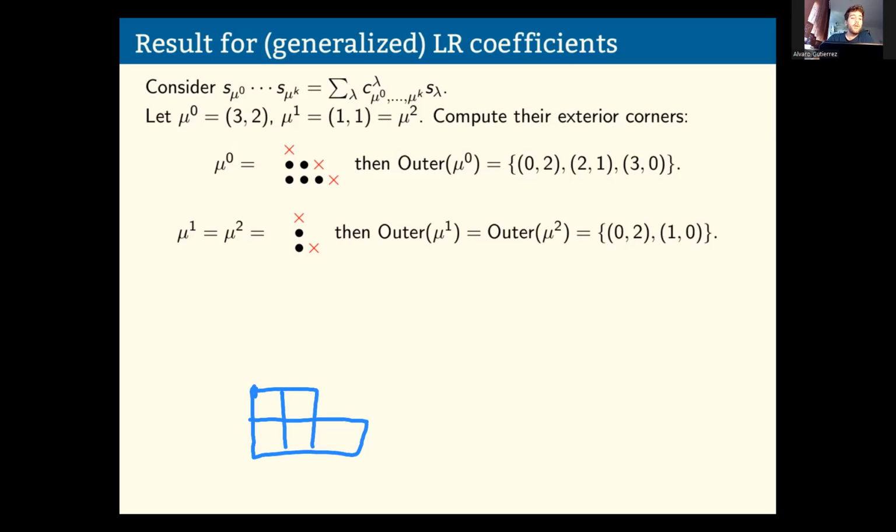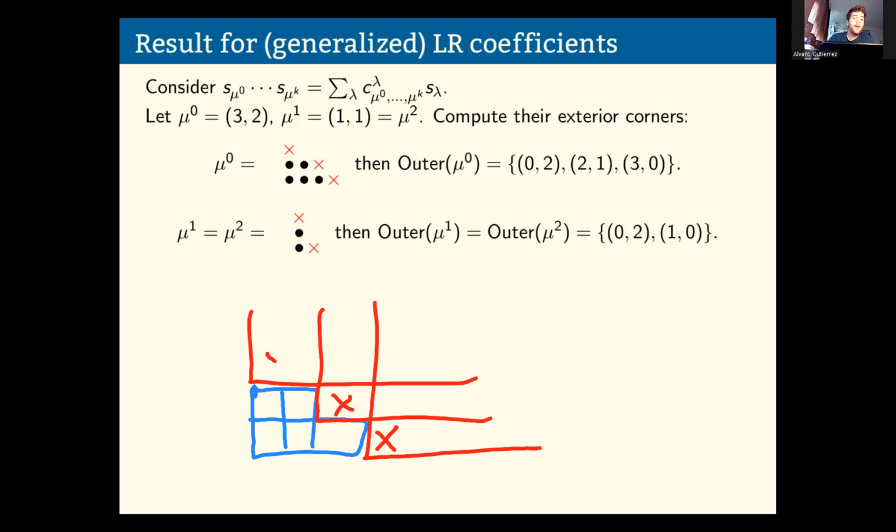So the exterior corners are the ones that we have to cut out to make this shape. So if we cut out here, here, and here from this plane, we find mu0, right?